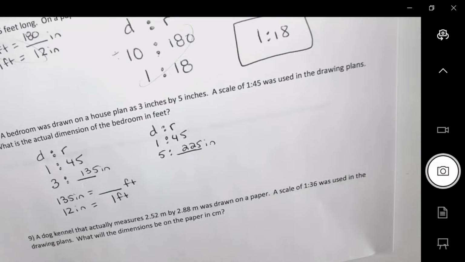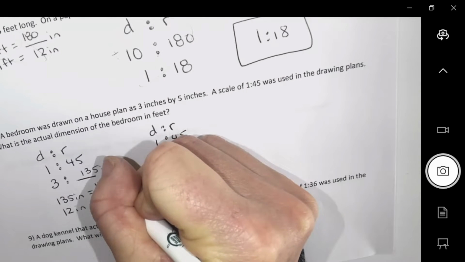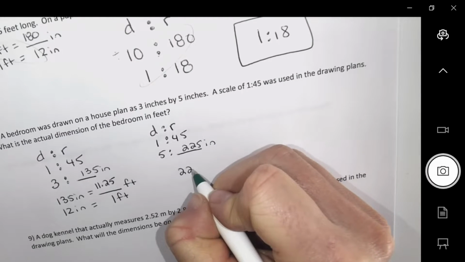But you make sure you're lining stuff up. Feet, inches, they're lined up. Okay, and then repeat for the other one.